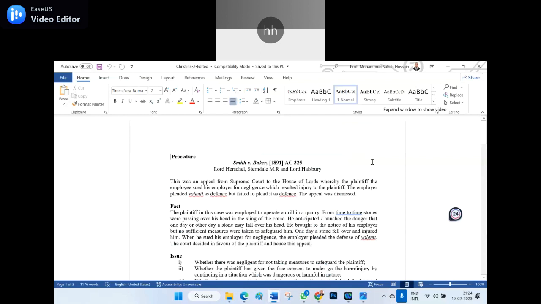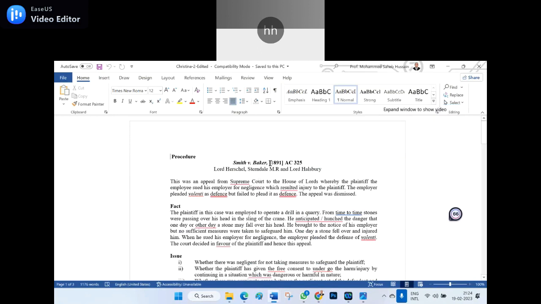Procedure, PFIRAC means P stands for procedure. And here, what is the heading of the title? Smith versus Baker. Am I right? And what is the court? Anyone can tell me the court name?